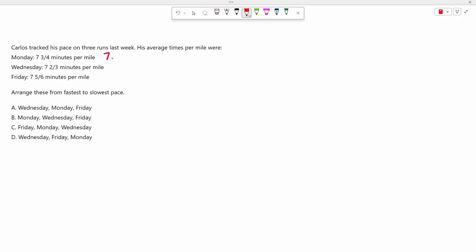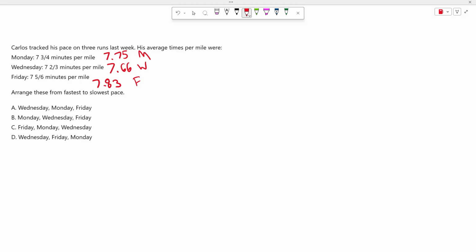You could convert these to improper fractions, but I know that 3/4 is 0.75. I know that 2/3 is 0.66. I don't know 5/6 off the top of my head, so you would probably have to plug it in, but that's 0.833. So I know that's Friday, this is Wednesday, and this is Monday.